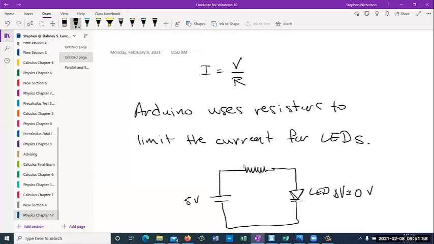What is this resistance here? We've used it so many times, we should remember. 330 ohms, I think that's what it is. I think he also has a 220 ohm resistor in the package. Let me just grab my package here.